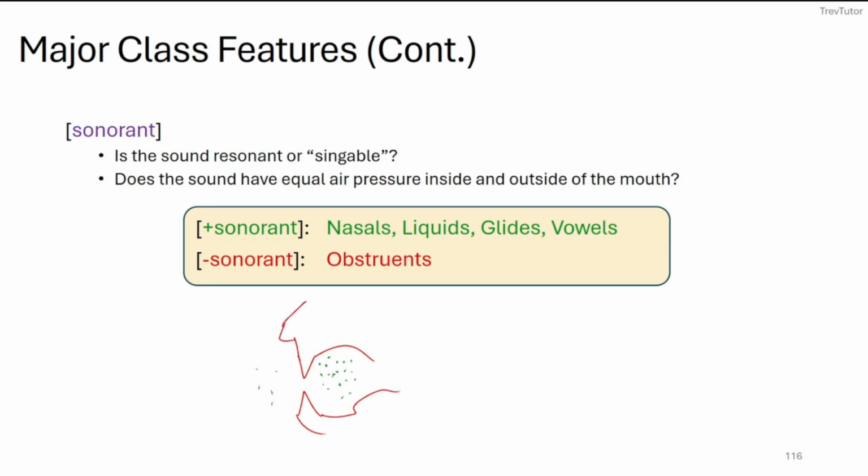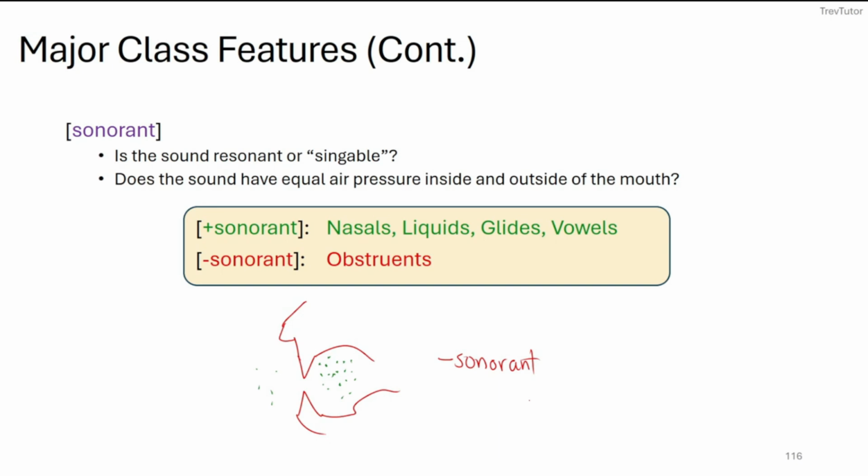If that looks like a rabid dog or something. If there's more air pressure inside the mouth than outside the mouth, then it is minus sonorant. So when you think about your stops where air is being held, or your fricatives where it's more air pressure inside than outside causing that turbulence, or you think about affricates that start as a stop and release into a fricative, these are all minus sonorant sounds.